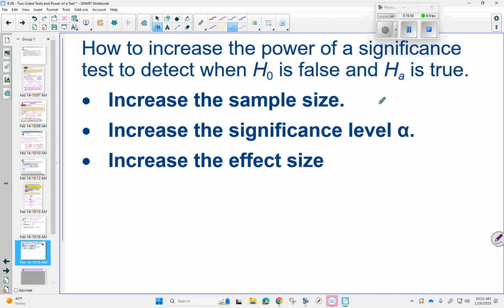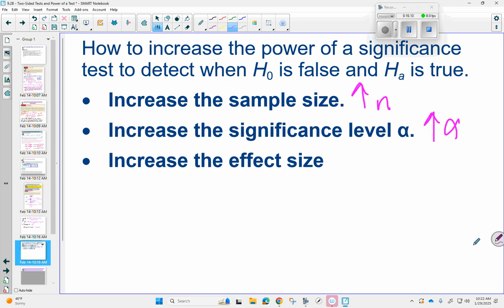You can also increase alpha, your significance level. If I made my cutoff 10% for how far I reject, then I'm more likely to reject.